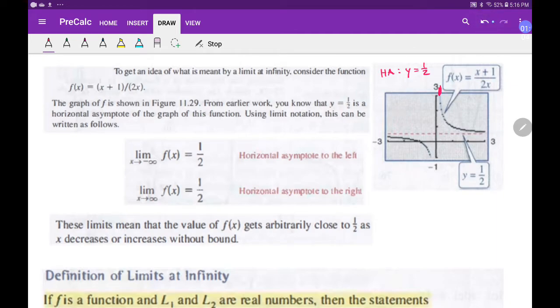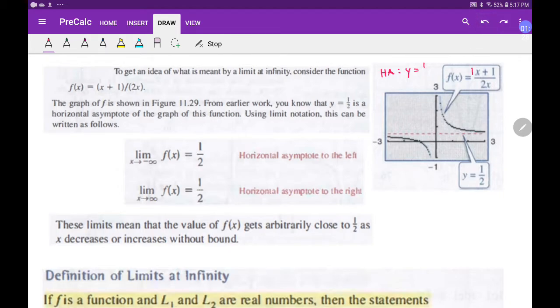Then as x gets bigger, when x is 1, it's equal to 1, because 1 plus 1 over 2 times 1 is 1. And then as x gets bigger and bigger, it gets closer and closer to my dotted line here. And the same thing in the other direction.